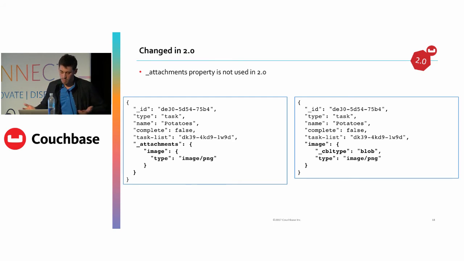And the name of that property is underscore ID. I actually could have said underscore ID and then specified an ID. But you have to know that when you use an underscore, it's a concept that's reserved for Couchbase Lite. So attachments is the same.